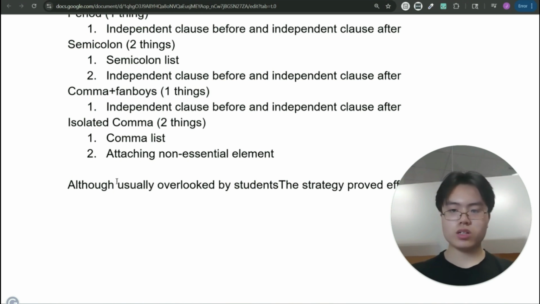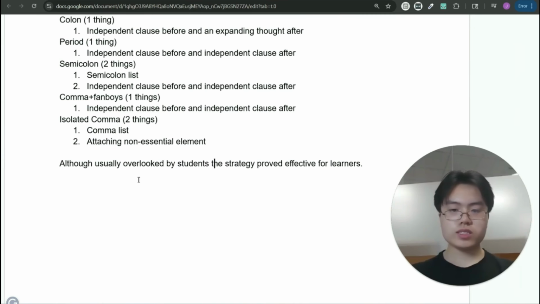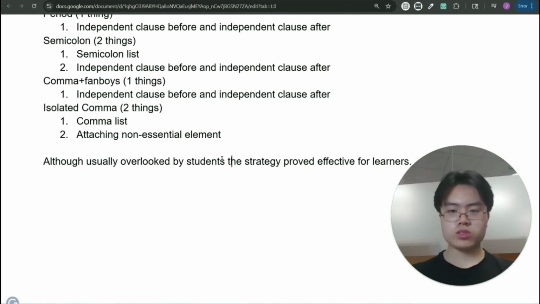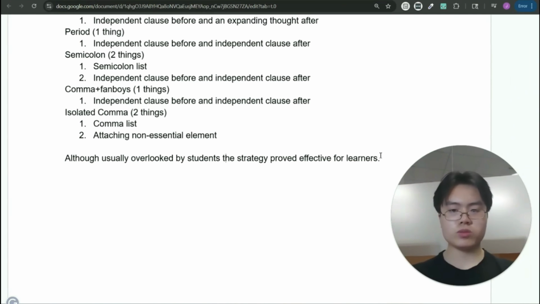Okay, this is additional information about the strategy, right? Let's say I want to add this to the beginning of the sentence. This gets confusing then. Like, what is this doing? How do you actually read this? Although usually overlooked by students the strategy proved effective for learners, it's a mouthful. Especially when you start adding more additional information to this. That's why we need a comma here.